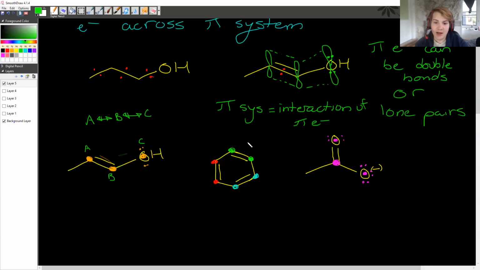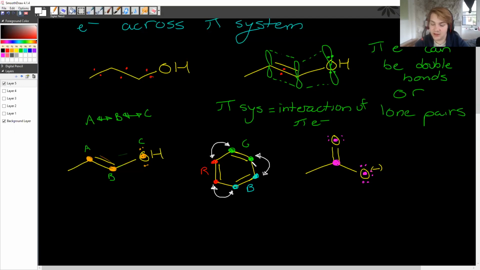Same thing here. Can all the green carbons interact with all the blue carbons, which interact with the red carbons? Totally, because these carbons are touching and they're both in a pi system. So that means all four of these carbons can interact, versus here the red and the blue are touching and they're both in a pi system. So these can interact.